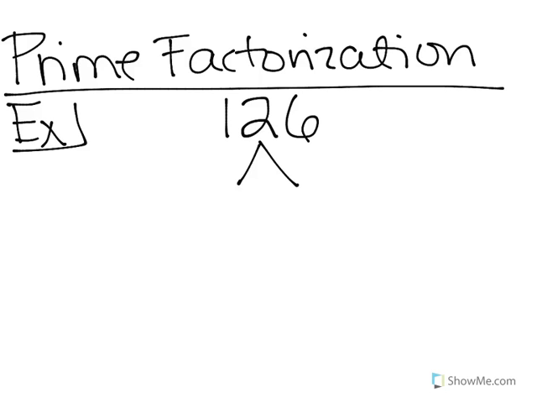In my mind, I look at it: is it even or odd? Well, this number is even, so I'm going to start off with 2. 2 times what is equal to 126? Now, I don't know that easily in my head, so I'm going to go on the side and do my division.